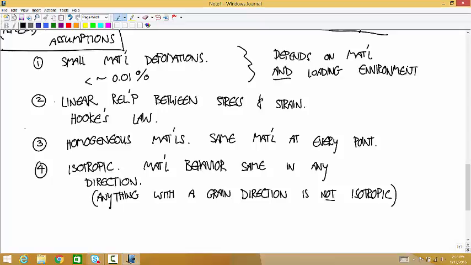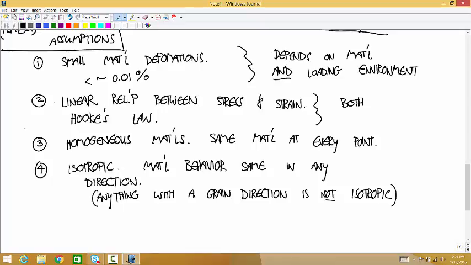If you made a strip of rubber and stretched it out and measured the loads and the deformations, it would be rounded the whole way. You'd never find a region where you could fit a good line to it. But with engineering materials, there's a region where you could fit a pretty good line to it. So again, this one depends on both the loading environment and the material.